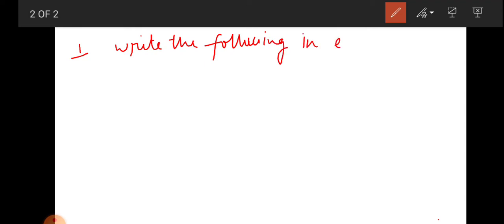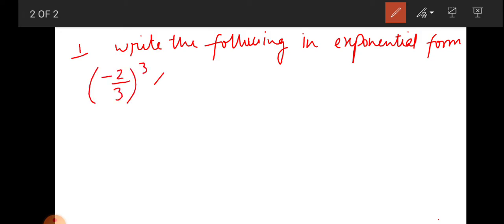Write the following in exponential form. Minus 2 by 3 raised to the power 3 into minus 2 by 3 raised to the power 4.